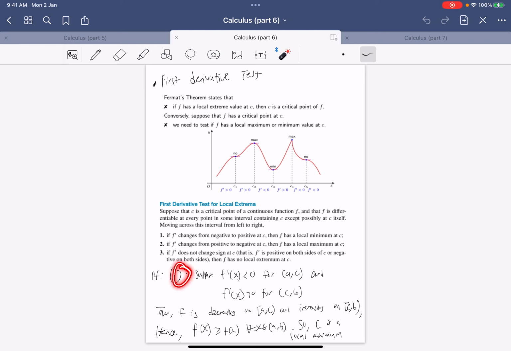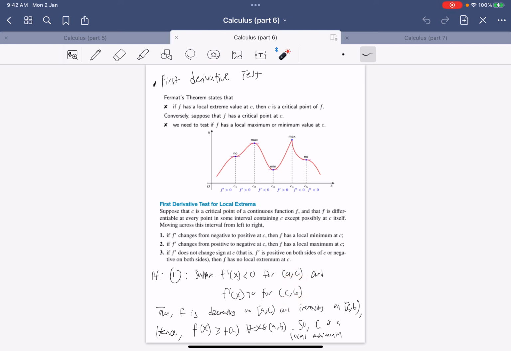We'll prove 1, and 2 and 3 follow, as the proofs are similar. So we now take that it changes from negative to positive. It means that it's decreasing on this interval and increasing on the other.